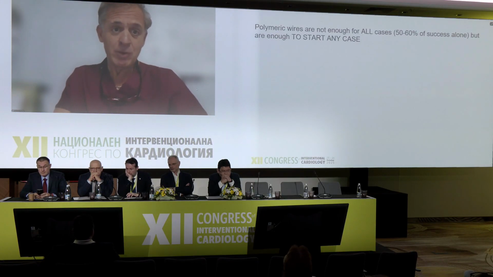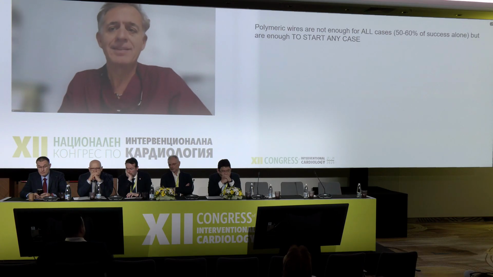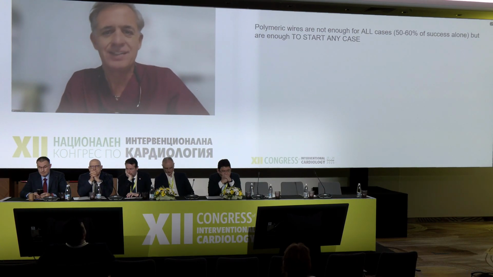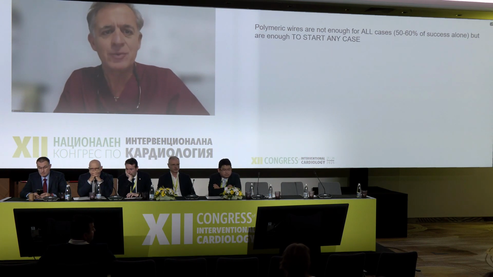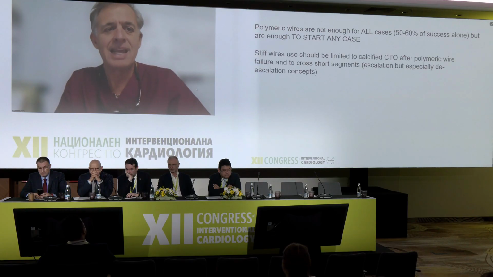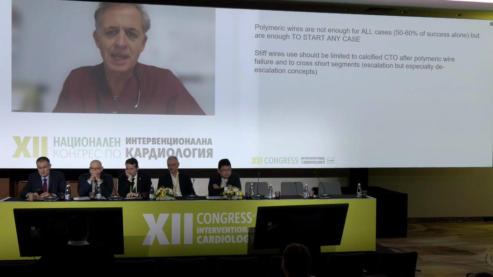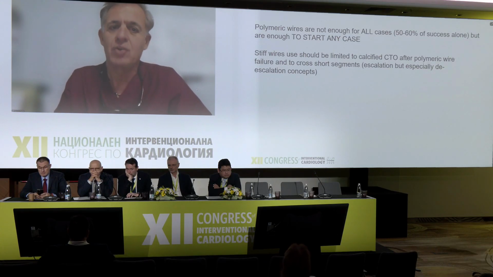So polymeric wires are not enough for all cases. Many studies show that success with all polymeric wires is like 60%, but they are enough to start any case. We can think about stiff wires limited to calcified CTO after polymeric wire failure, or to cross a really short segment.